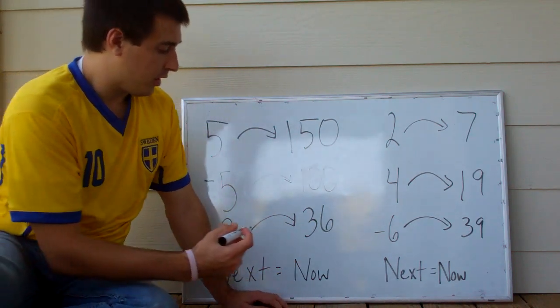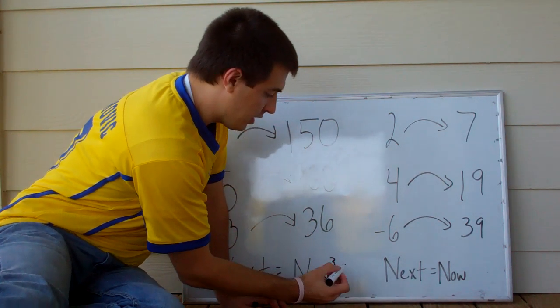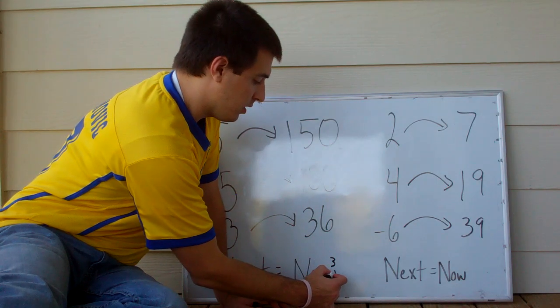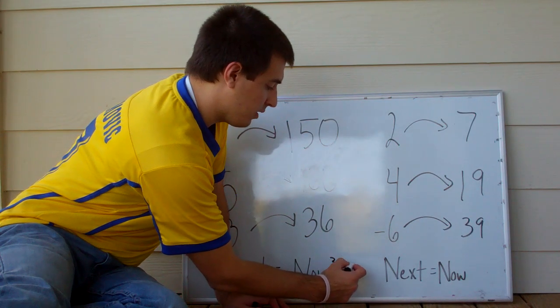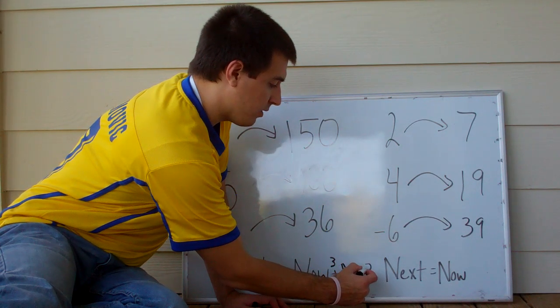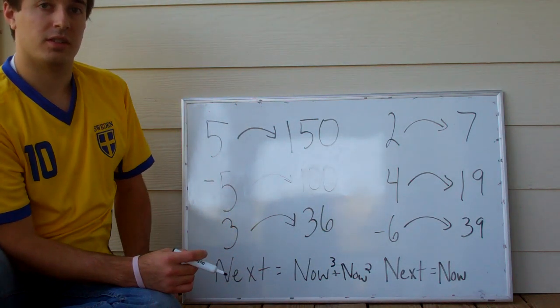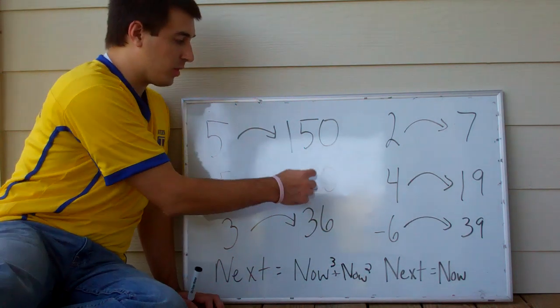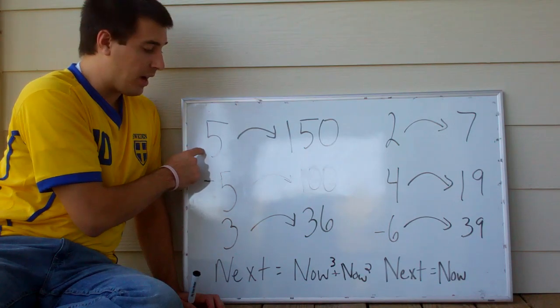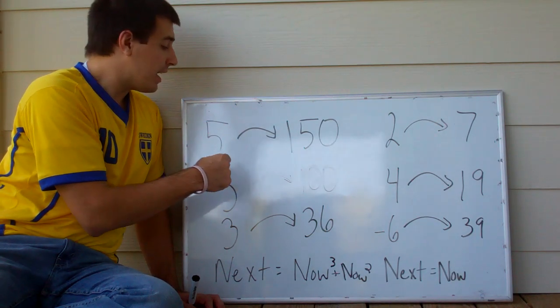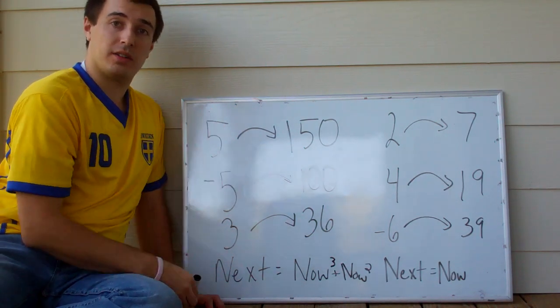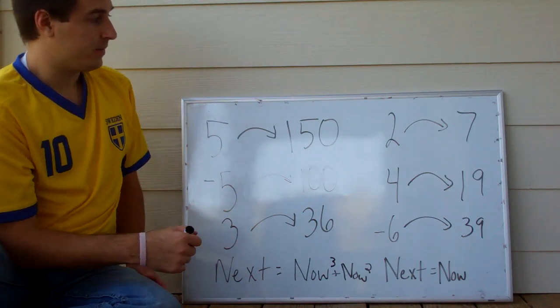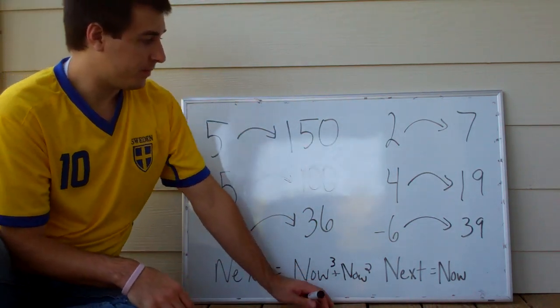So there we go. So we got now cubed plus now squared. So to get the next number, you're going to take what you have now, cube it, and add what you have now squared. Make sense?